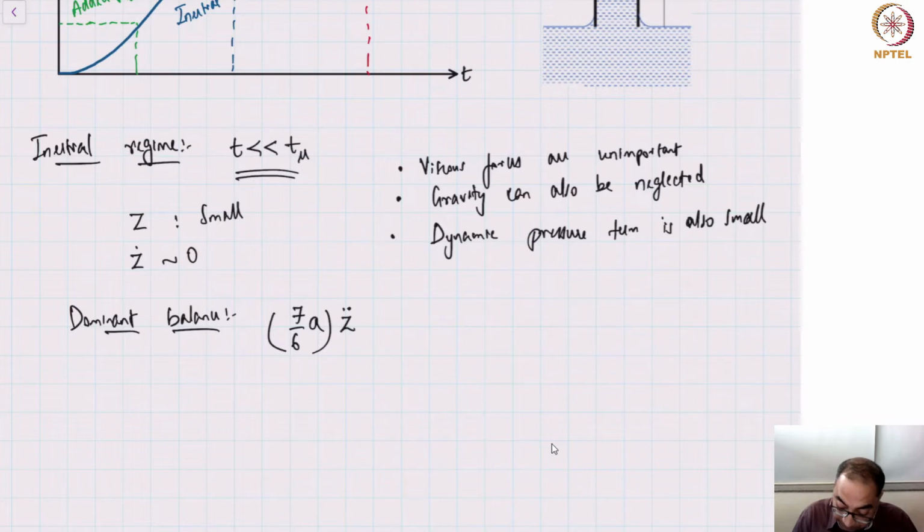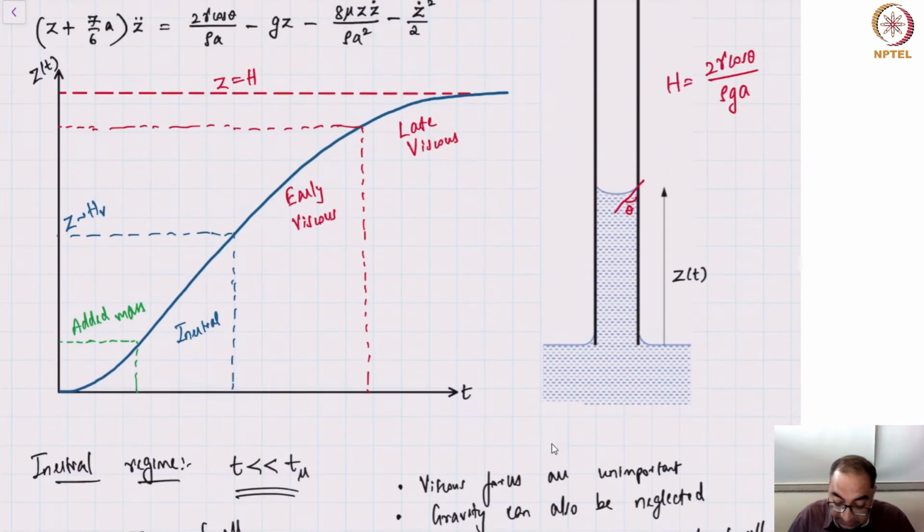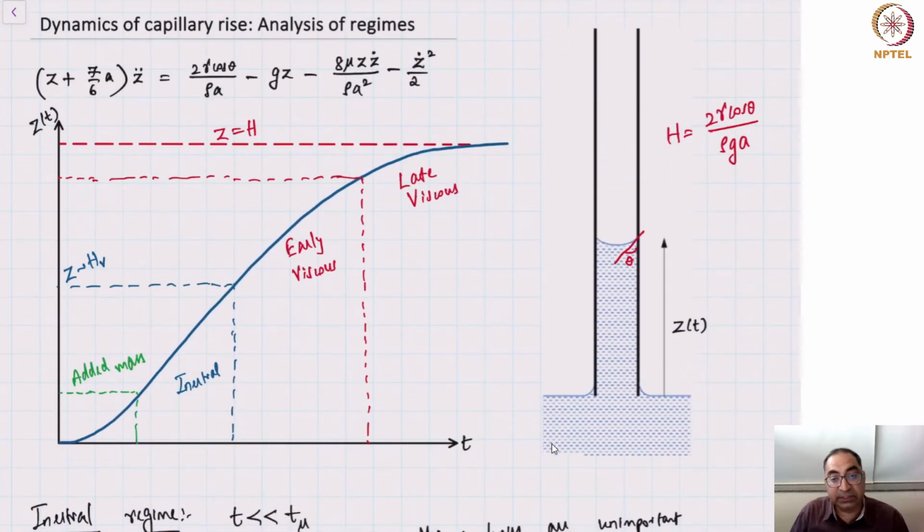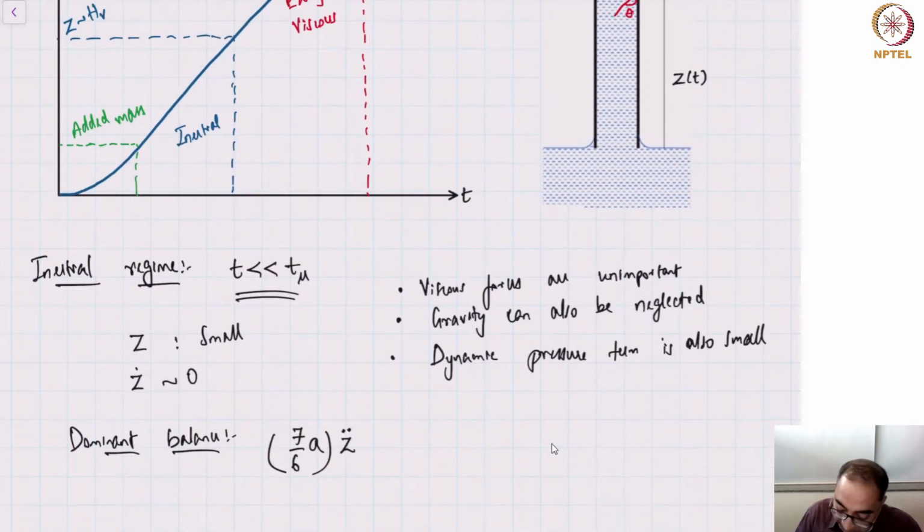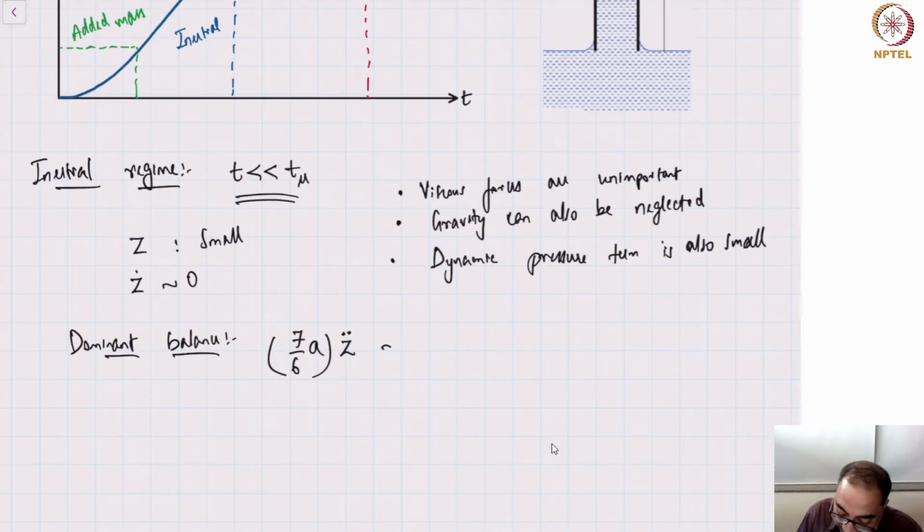On the right hand side, gravity is small, viscous terms are small, and the dynamic pressure is small. So you cannot ignore surface tension, because ultimately that is the driving force, and therefore we keep this and the balance is 2 gamma cos theta by rho a. And when we do this, what do we get?